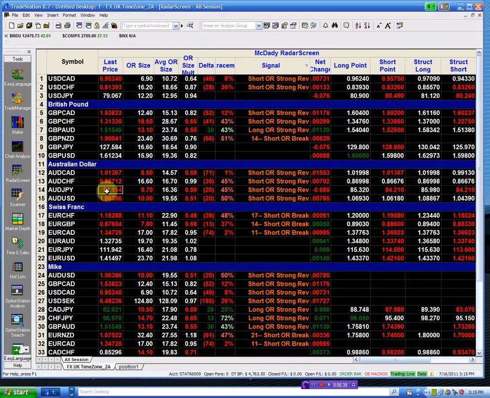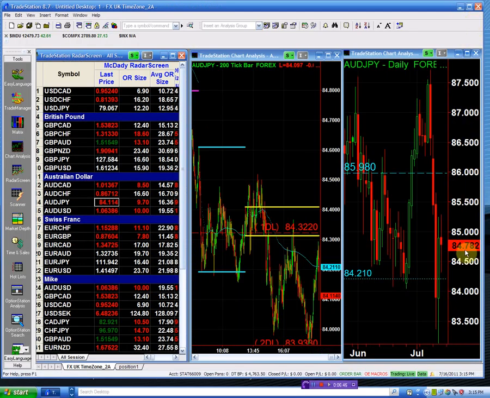For some reason it shows that on the intraday it closed at 84.11, while on the daily chart it shows that we closed at 84.71. So this seems to be a bad tick in the Aussie yen, so we are going to do it the right way. We are only going to take it short below the 84.21. There is something wrong over here.